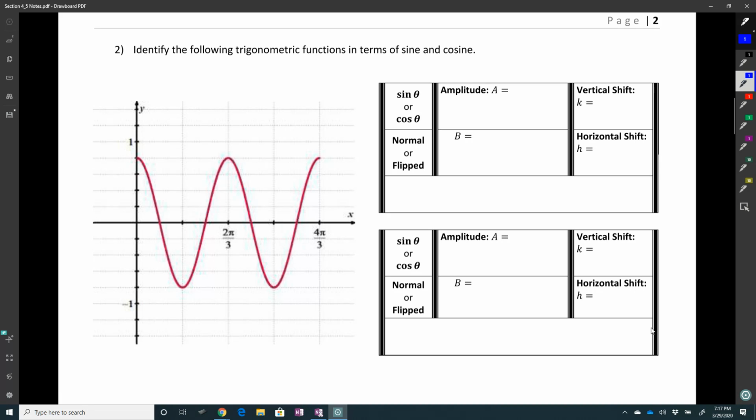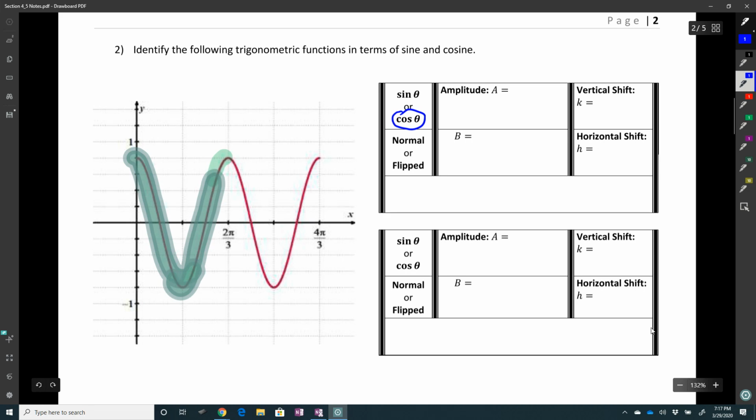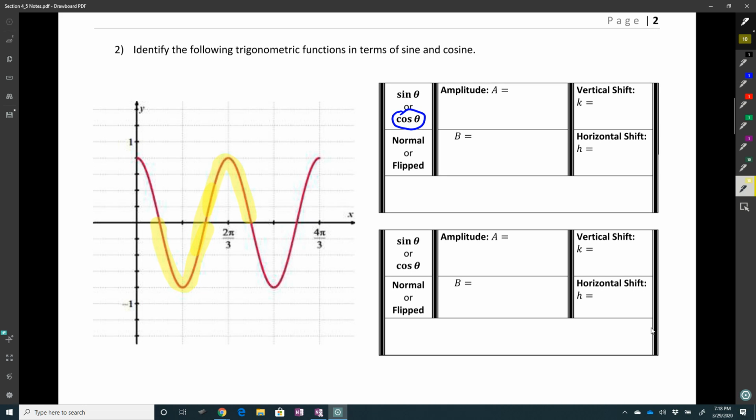So one thing to notice is it depends on how you're looking at it, if you want to look at it as sine or cosine. So if you want to start at the beginning, then you can say, oh, well, there's one cycle, and so that is clearly a cosine. But if you wanted to view it like this, then you can say, all right, well, that is clearly a sine wave.